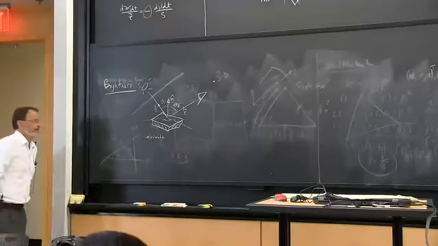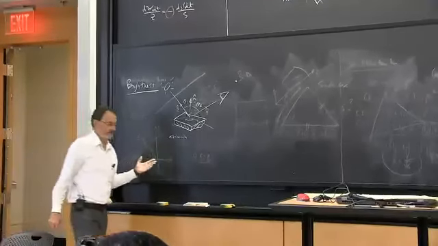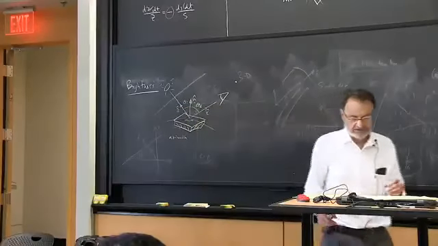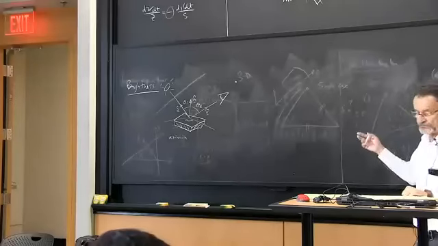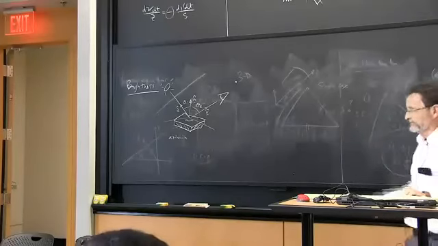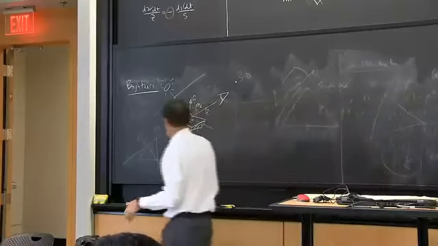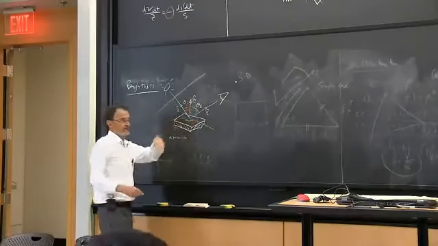Now, the observed brightness is going to depend on those parameters. It's going to depend on the material of the surface, and it's going to depend on the light source, and it's going to depend on those angles. The extreme case is a mirror, where there's only one direction where you see anything.